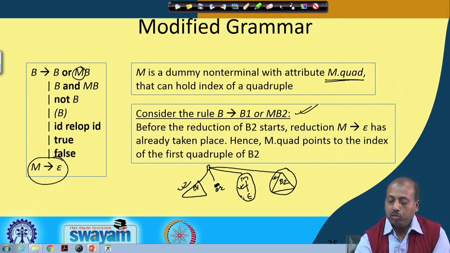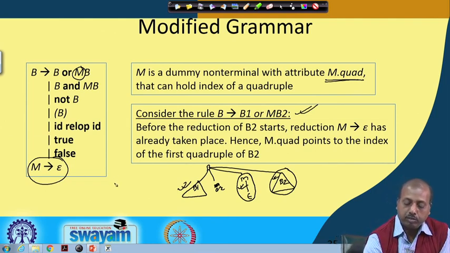Since this M producing epsilon is not going to give me any new code, this M dot quad can hold the index of a quadruple. If there is a function called next quad, it gives me the index of the next quadruple to be generated.